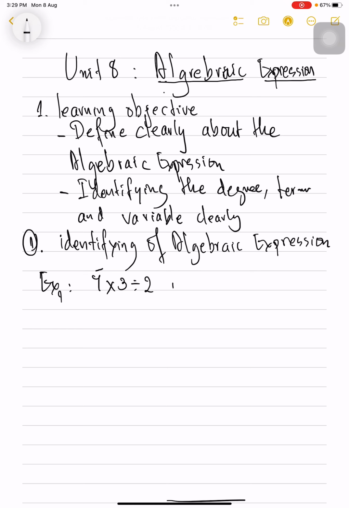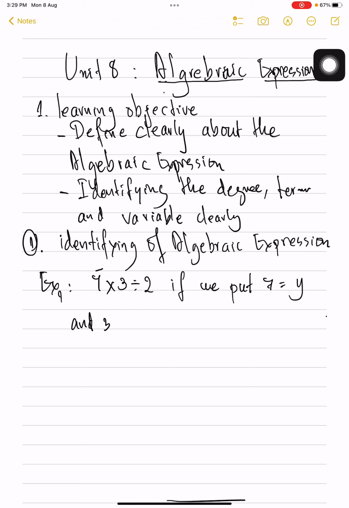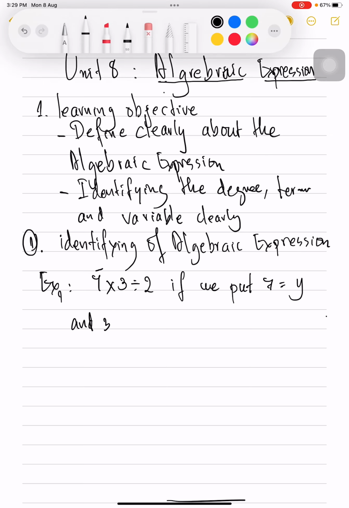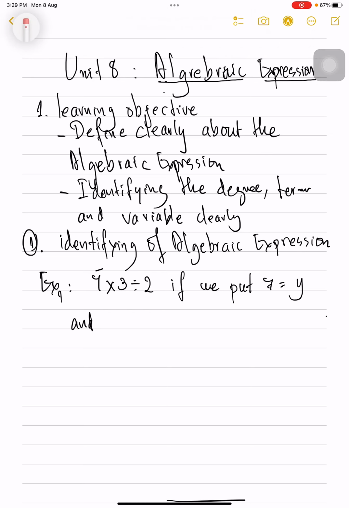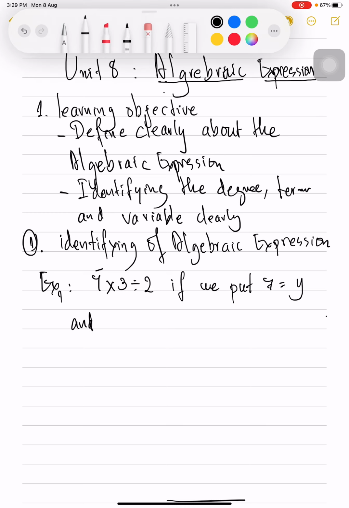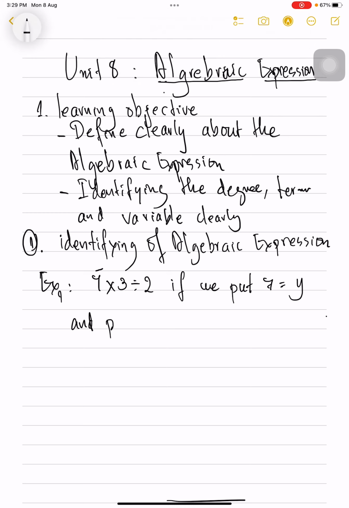Like if we put 7 equal to y, and the number 2 we put x equal to number 2.